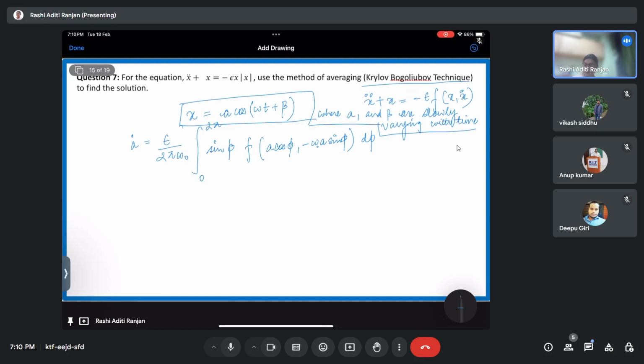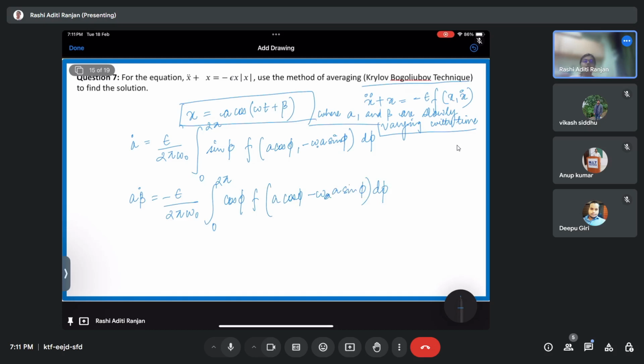Now coming on to a into b dot, which is nothing but 1 over 2 pi omega naught with a, minus integration from 0 to 2 pi of cos phi f of again a cos phi d phi.